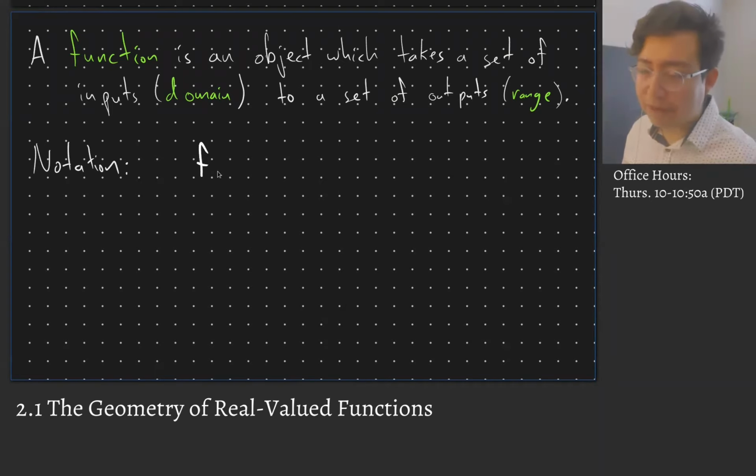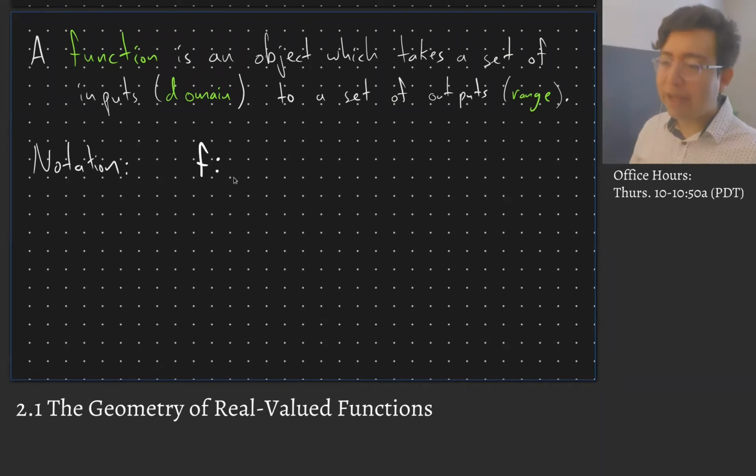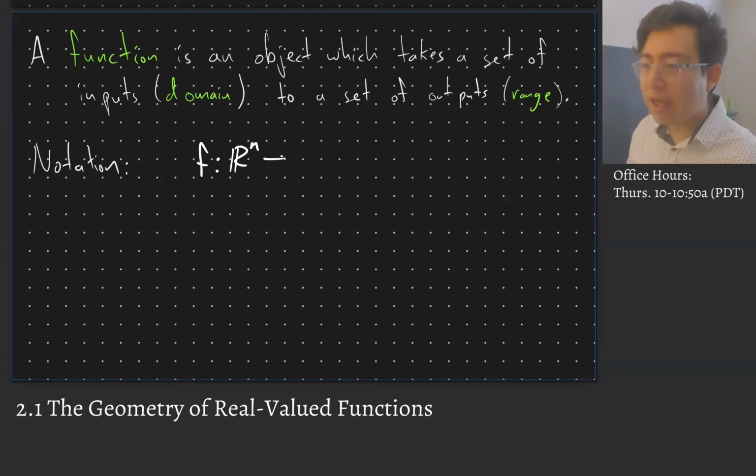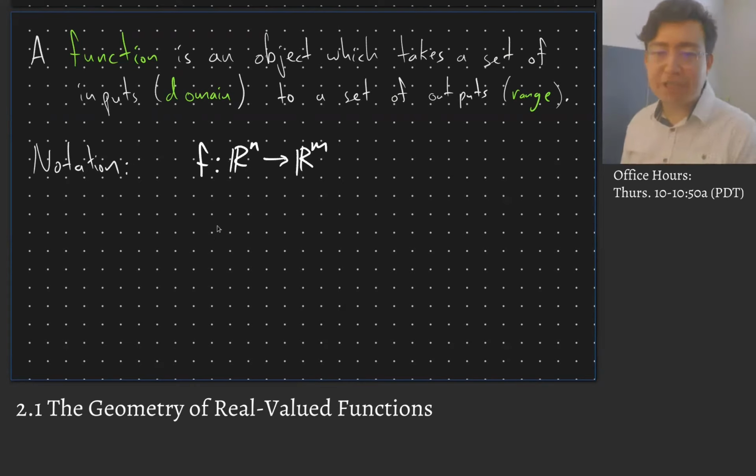Like F for function is very common. And now the domain is going to be the set of real numbers to the n, some n-dimensional space. And then the range is going to be some m-dimensional space. And this is the notation we like to use.